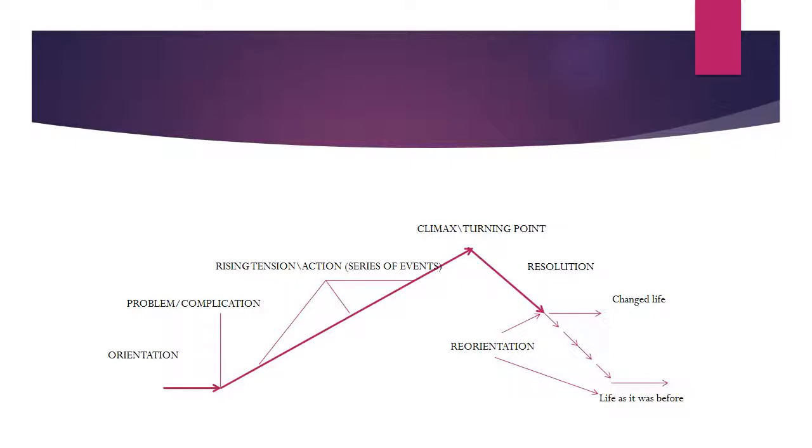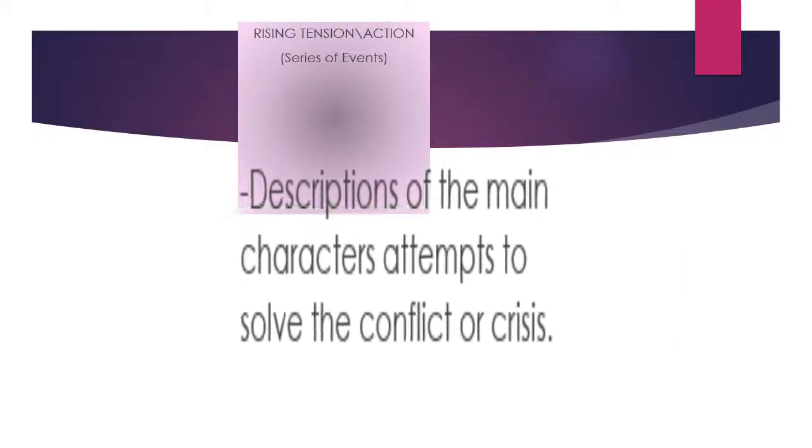Okay, once we've established our character, we've given them a problem, we also need to think about what their experiences are going to be within this narrative. We often call this rising tension or action, which means normally for the character that they have to go through some sort of journey, they have to experience some events in their attempt to solve their conflict or the crisis.